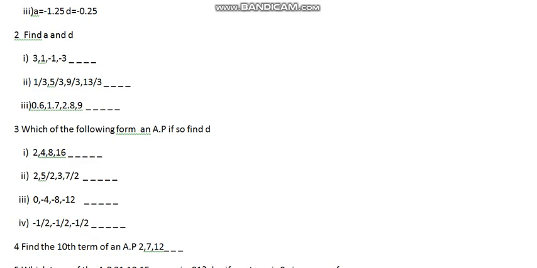First one, you are given the sequence 3, 1, -1, -3. In this case they ask you to find the difference and the first term. Very simple question. In the second one you have the fractions: 1 by 3, the second term is 5 by 3, then 9 by 3 and 13 by 3. In the first question I gave a whole number with subtraction of minus.